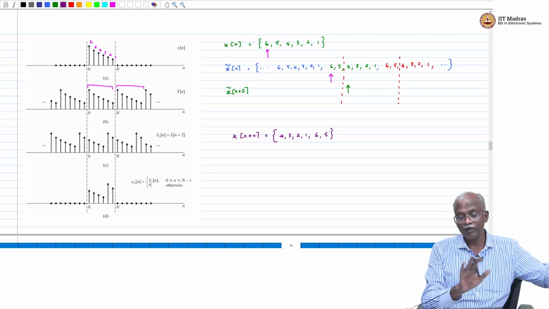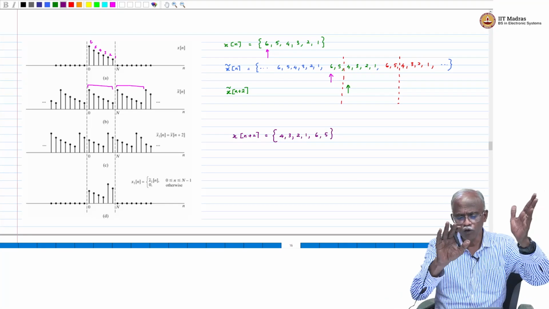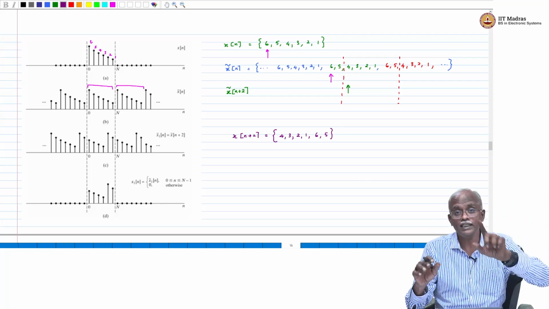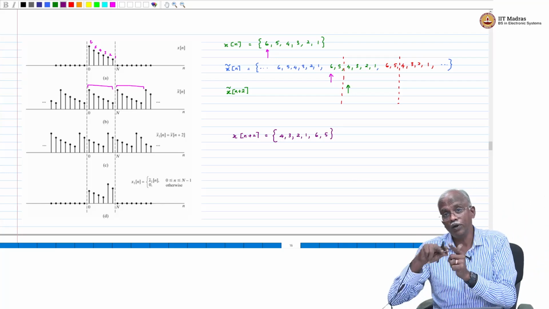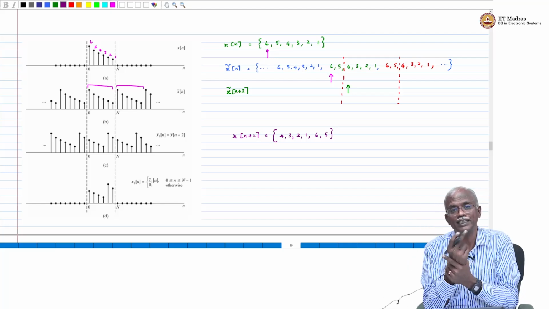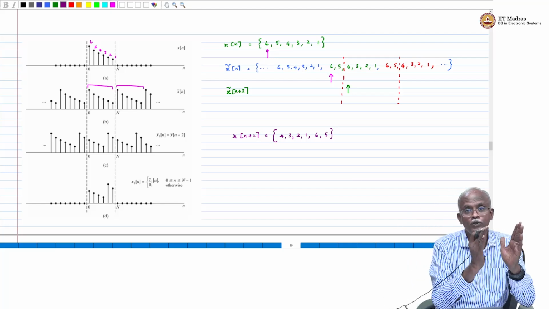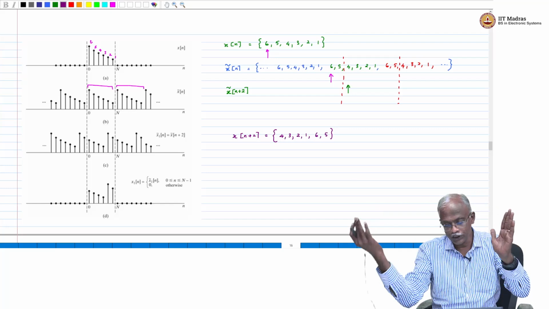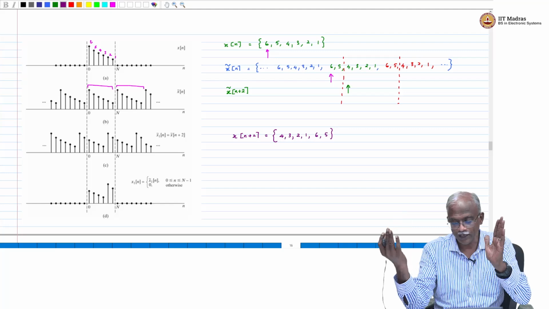So the advance operation for x of n in the context of what we are talking about has to be a circular shift of the sequence, a circular shift of 2 units of time, advancing the operation. Those 2 samples show up on the other side.